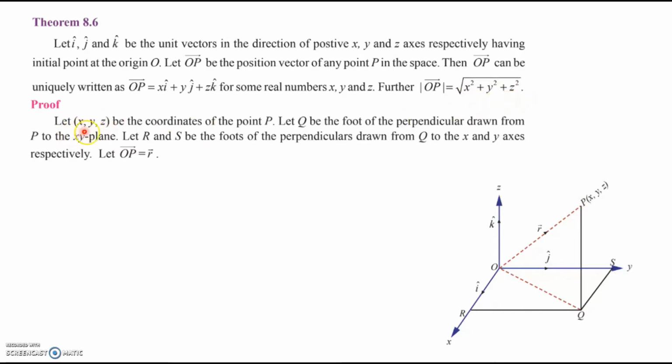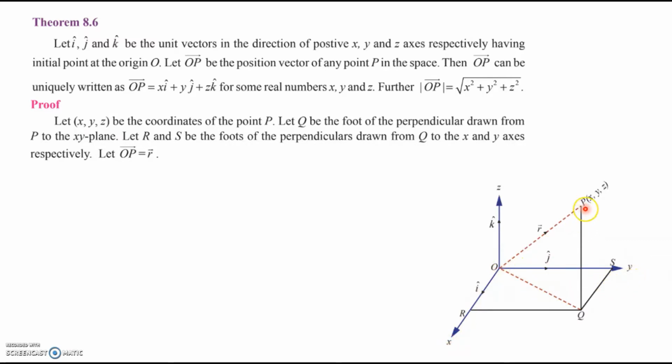So let x, y, z be the coordinates of a point P. So you have a point P with x, y, z as the coordinates. Let Q be the foot of the perpendicular drawn from P to the xy plane. So this is our xy plane, a plane with the x and y axis.